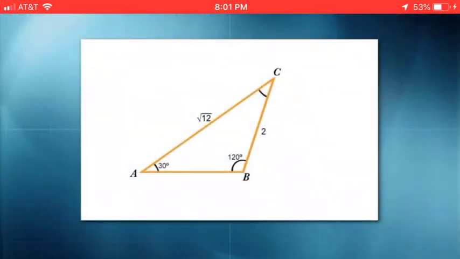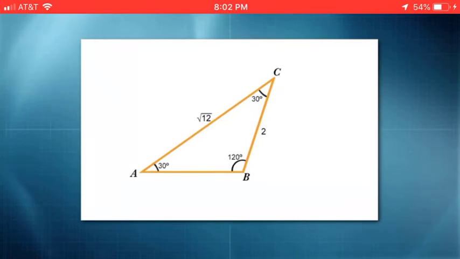But remember, there was a second solution here. It turned out that the angle could also be 120 degrees at B. So here's a picture of that situation. Again, the angle at A is 30 degrees. The side opposite is 2. The angle at B is 120, and the side is still the square root of 12. So let's finish off the problem. A is 2, B is square root of 12, angle is 30 at A, angle is 120 at B, so C equals the difference, 180 minus 30 minus 120, or 30 degrees. Isn't that interesting?